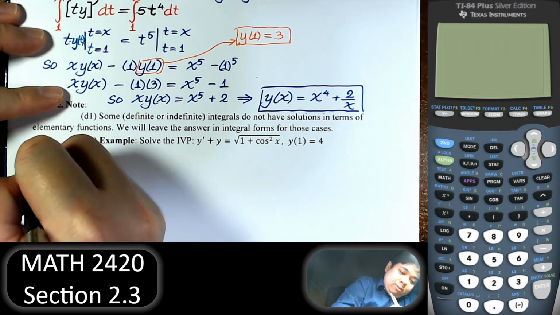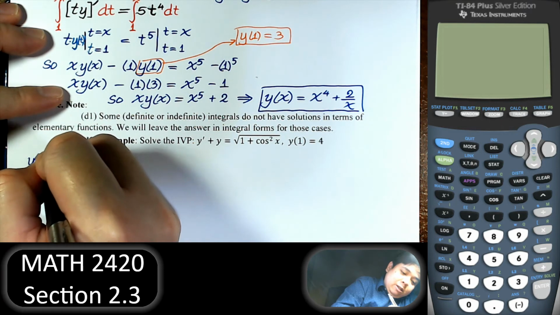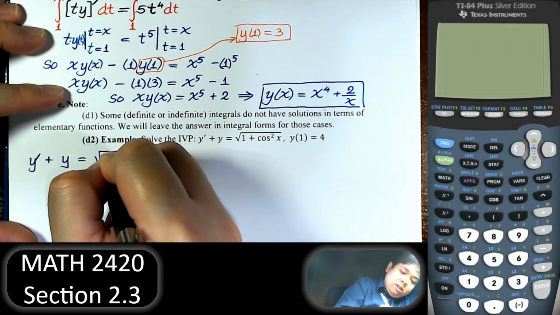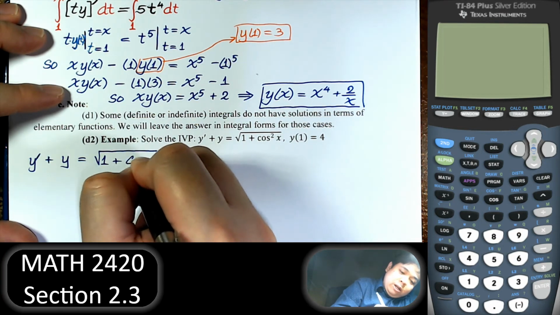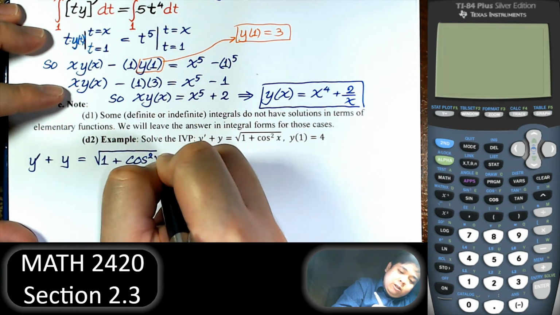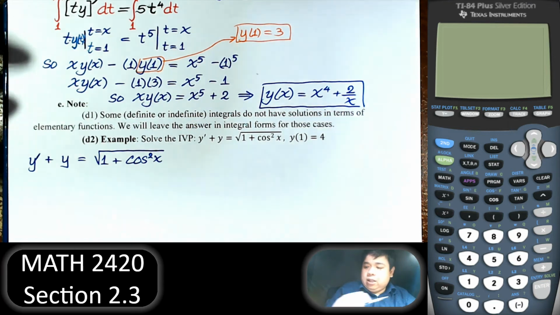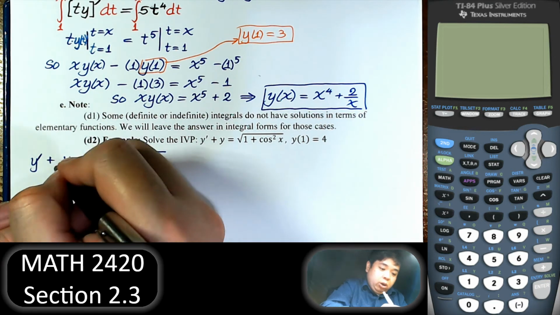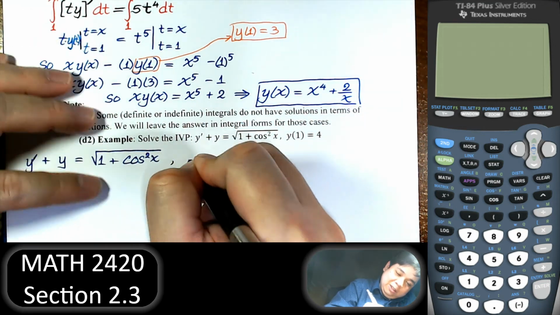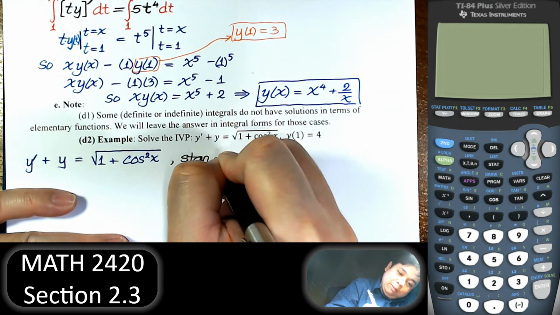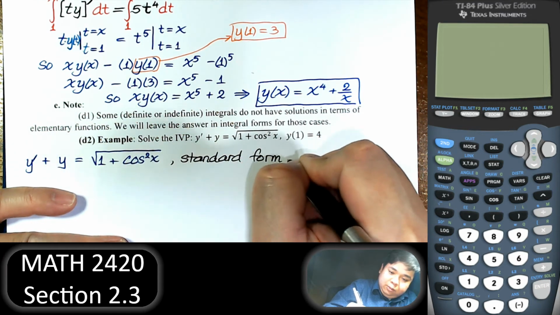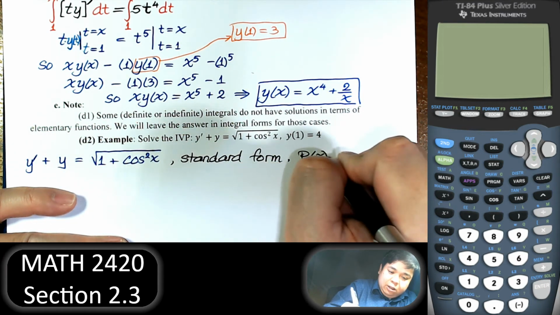y prime plus y equal to the square root of 1 plus cosine squared of x. Right, same thing, that is in the standard form, p of x is equal to 1. So this one is standard form. P of x equal to 1.